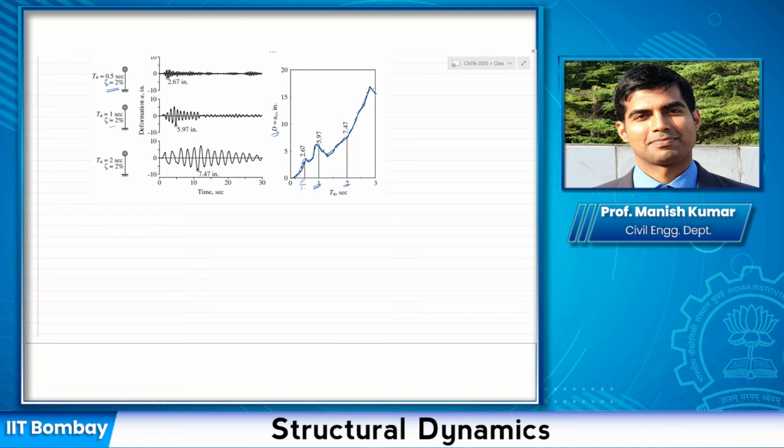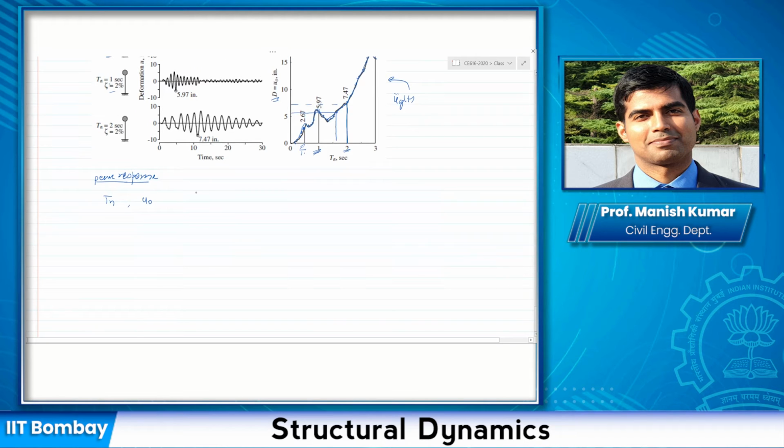As a designer, you basically need the peak response. If this is available for a ground motion, and each ground motion will have a separate response spectra, all you need to do is find out the time period of your system. Come here, have a look at it: for that time period, what is the displacement? Let us say any random time period, you come and see what the displacement is. So you can find out U naught using this, and you can find out the peak responses.